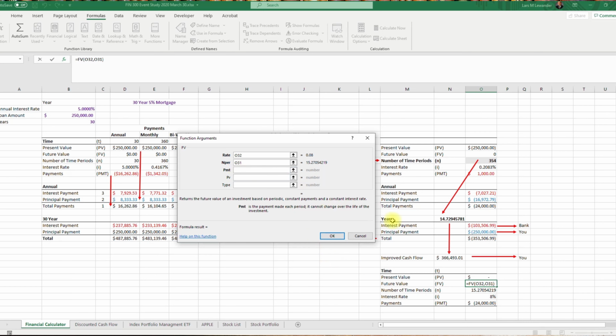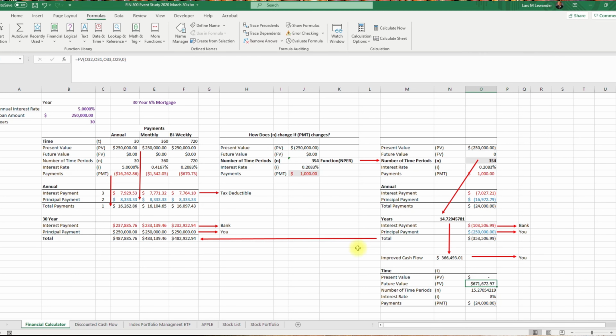Now you're going to click and choose the number of cash flow that you're going to pay in, and the present value is 0, so we'll just omit it here and enter a 0. Now we can find out how much money we made. Wow, look at this.